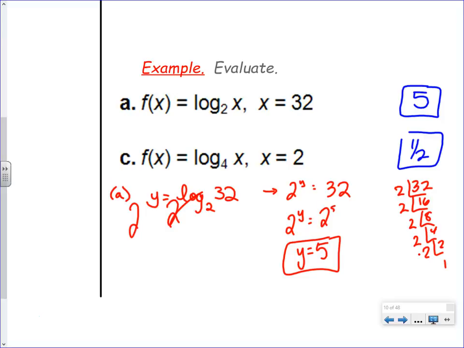Is that better? So then you guys go ahead and do letter C without a calculator, with your hands. You know it's supposed to equal 1/2. Go. Use the same idea.